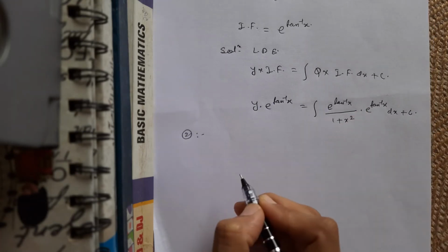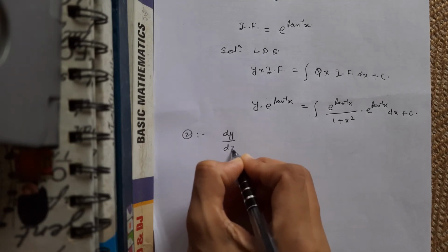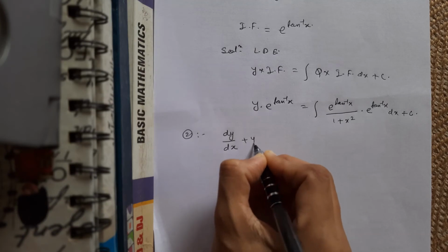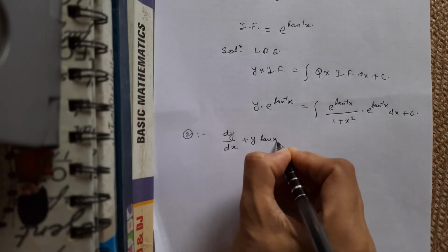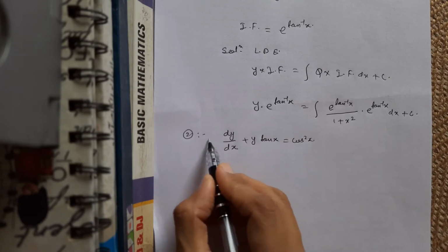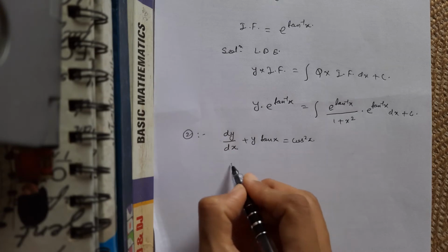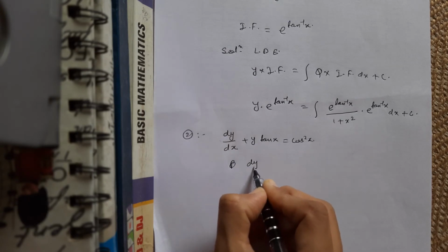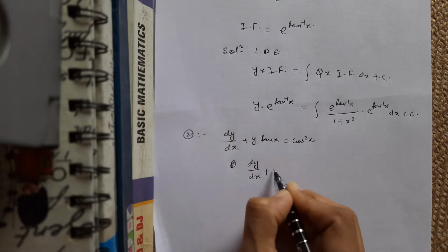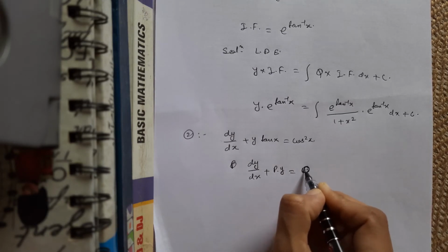The second example that I want to discuss with you is dy by dx plus y into tan x equals cos square x. Now I already have the coefficient of dy by dx as 1, so I just compare it with the standard form, which is dy by dx plus py equals q.